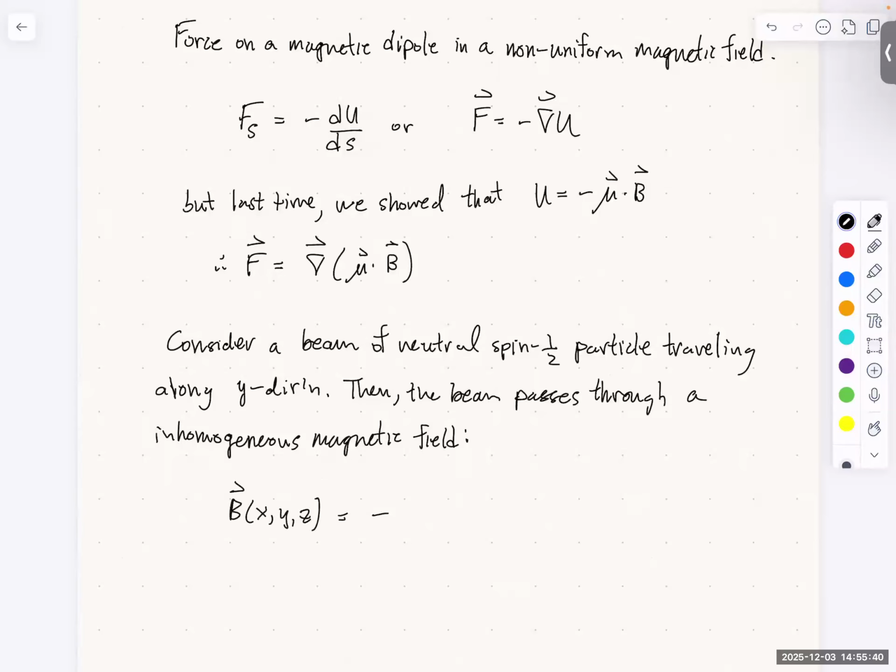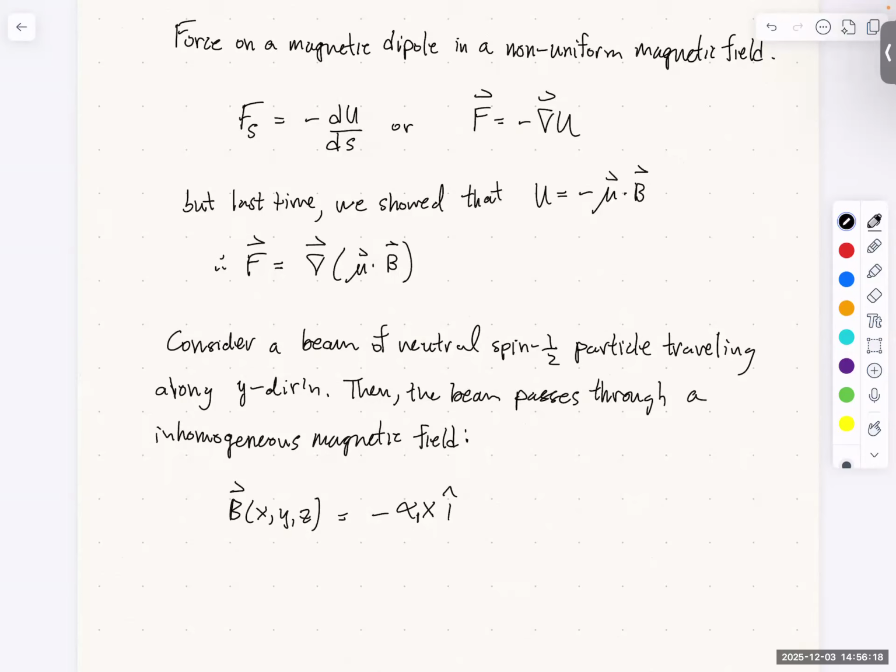I'm just going to make one up that will demonstrate the effect that we want. I'll stick with the notation Griffiths uses. It'll have an x component given by alpha 1 times x, where alpha 1 is some coefficient that has the right unit, so it's in Tesla per meter, so that when I multiply by x, I get Tesla.